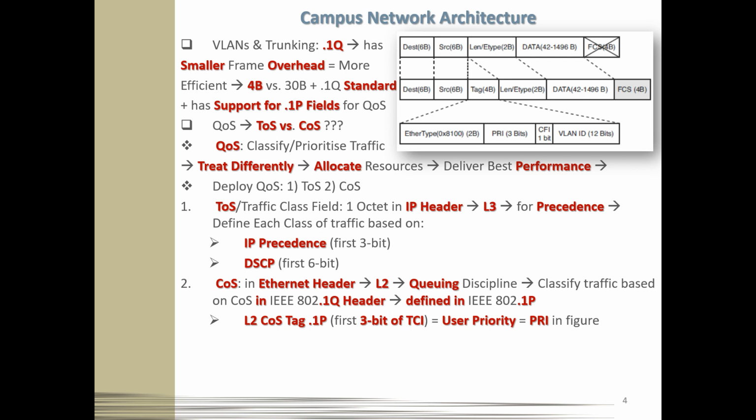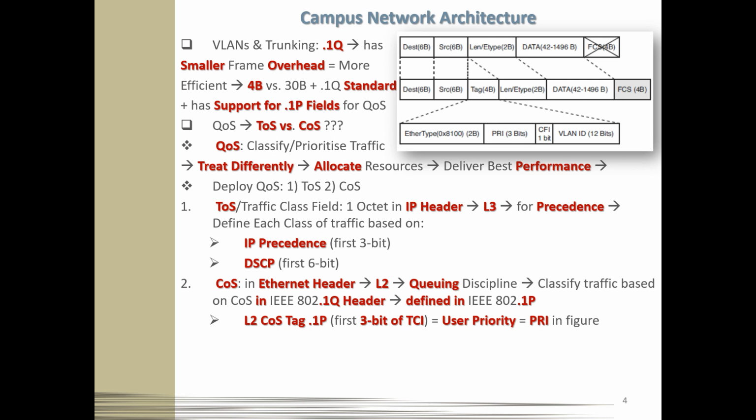Then inside the .1q tag we have CFI, canonical format indicator, a single bit flag that is always set to 0 for Ethernet switches. In fact, CFI is used for compatibility between Ethernet and token ring networks.